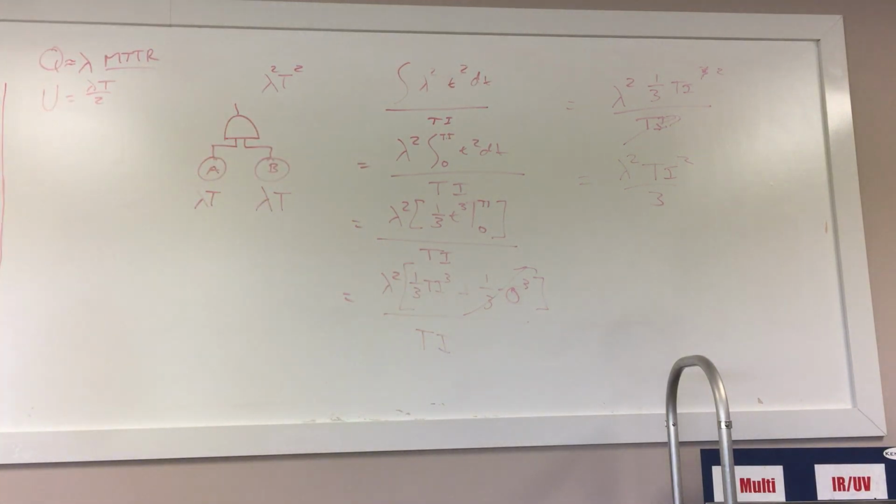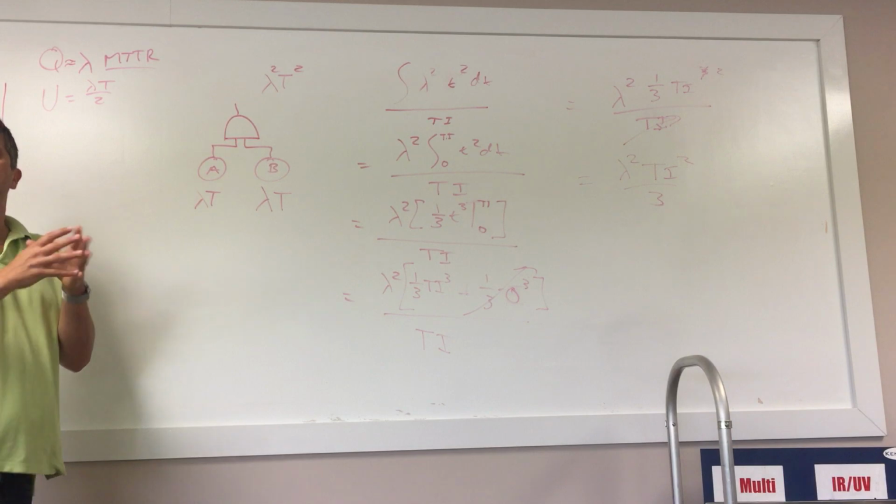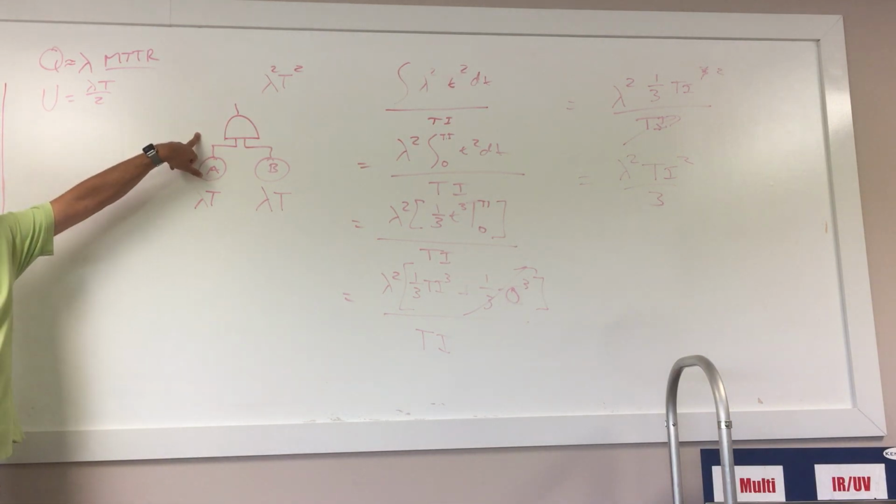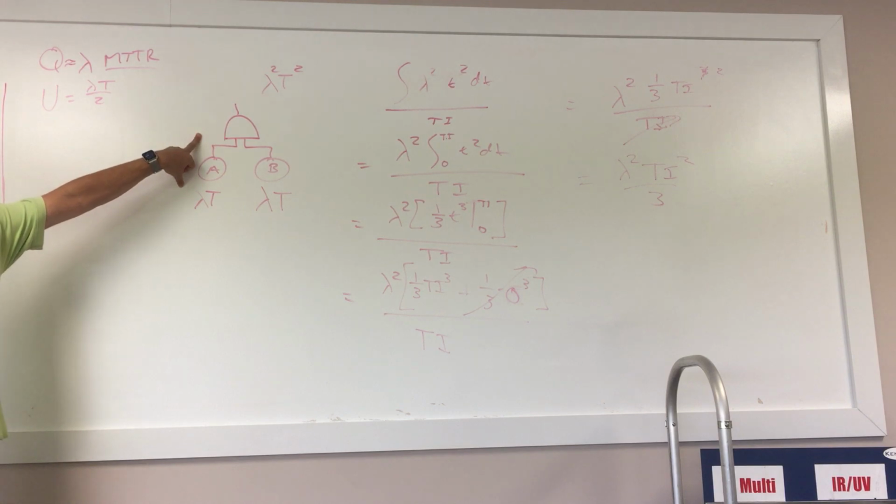So that's where the difference comes from, and that also informs you that if you do traditional gate-by-gate math, your AND gates are going to give you an incorrect answer, and it's going to be an optimistic, unconservative answer.